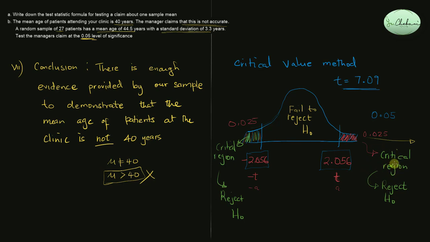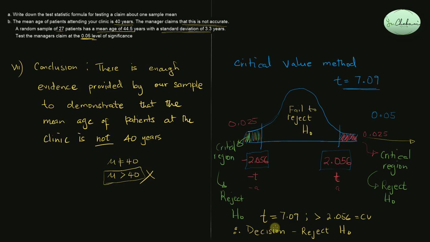It is in the critical region, and therefore our conclusion is that our t value equals 7.09, and this t value is greater than 2.056, which is the critical value, and therefore our decision will be that we reject the null hypothesis, just as we did with the p-value.